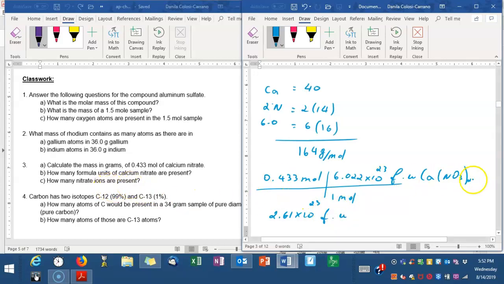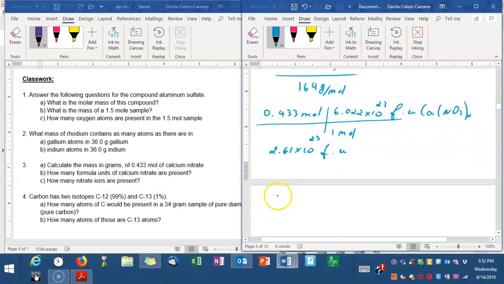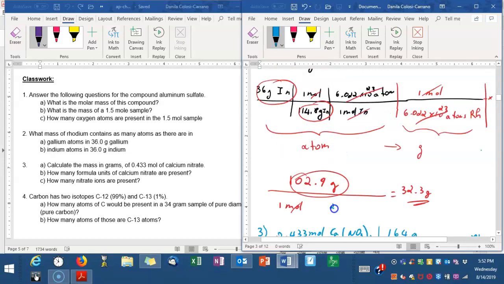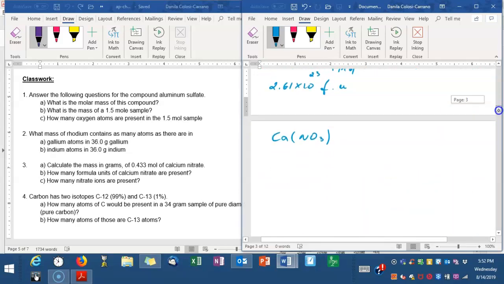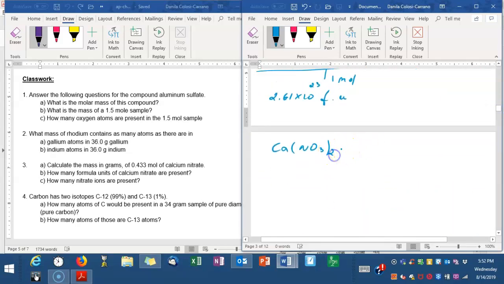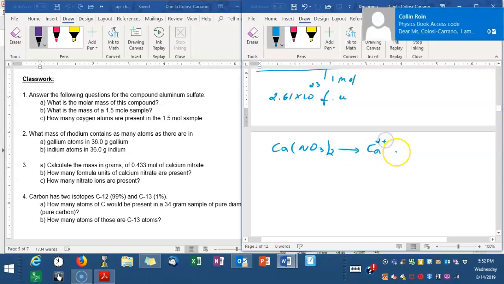How many nitrate ions are there? Well, if you have calcium nitrate, right, and you break it up, you have calcium 2 plus and 2 nitrates.